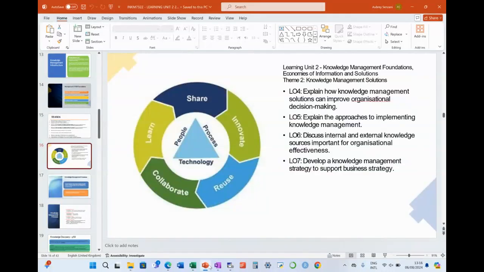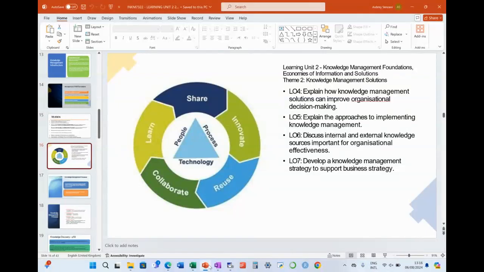Okay, but before we go there, I want us to quickly see what the other half of learning unit 2 is all about. If you look at the slide, the learning outcomes are as follows. Learning outcome number 4, explain how knowledge management solutions can improve organizational decision making. A lot of this we've already been seeing, so the information almost seems repetitive.